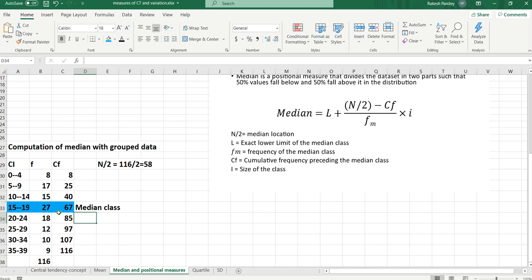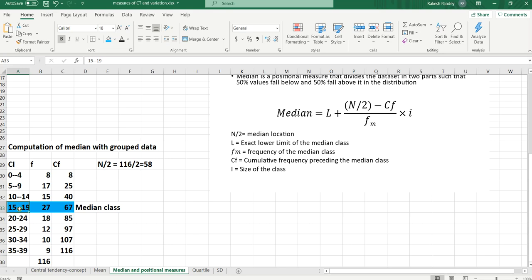So L is the exact lower limit of the median class. So 15 is the lower limit, but you see that there is a difference of 1. 10 to 14, then after a gap of 1, we are starting from 15. So to get the exact lower limit, we divide this difference of 1 by 2. So 1 by 2 will be 0.5.